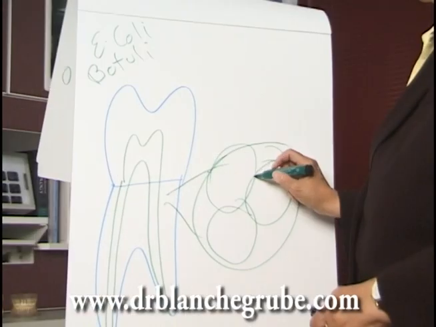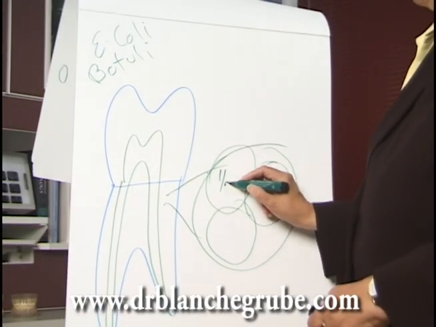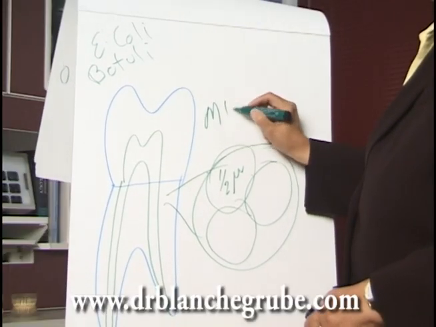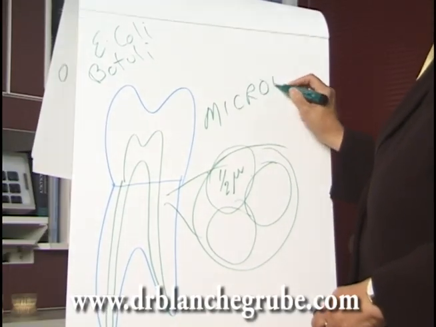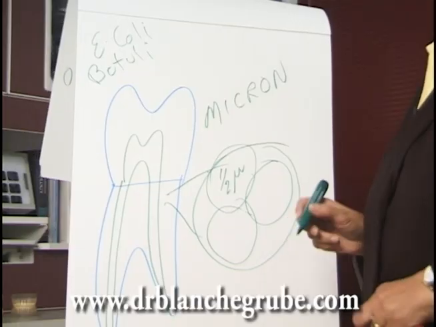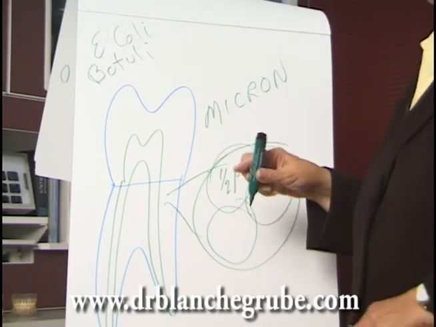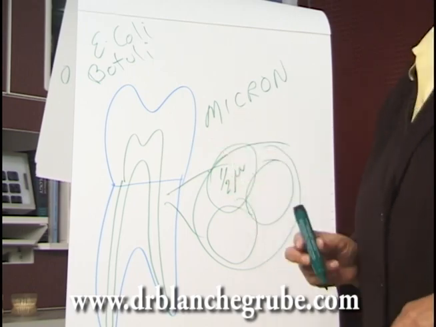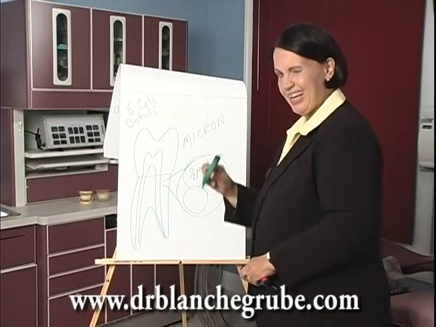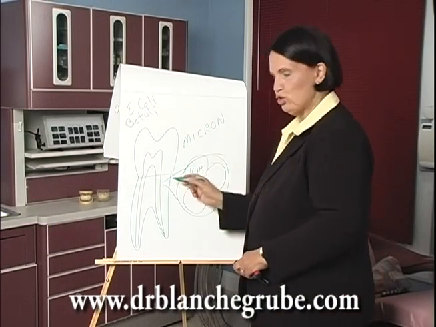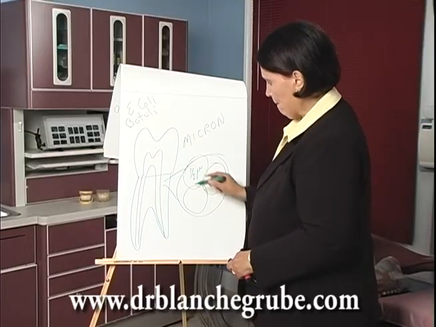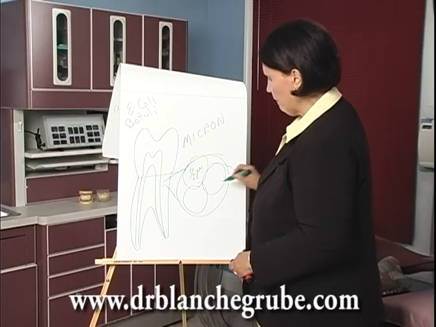These tubes that they're living in are about 1/2 micron wide. What's a micron? Well, if I was to take an ink pen and make a dot, that's about 10 microns. So that gives you an idea of how small these tubes are. It's 1/2 micron wide. Okay? Keep that number in mind.